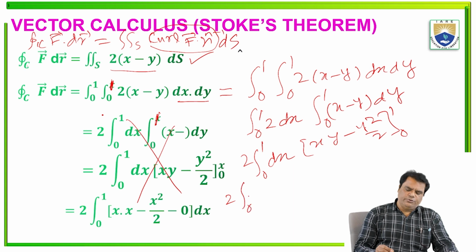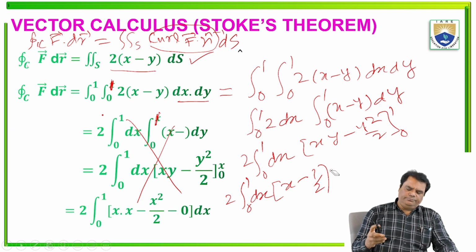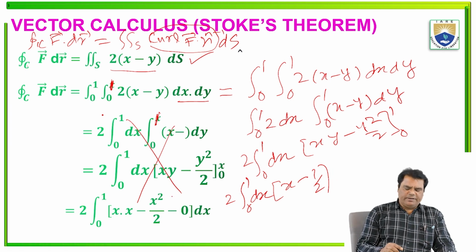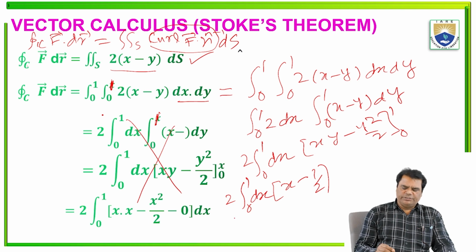So twice of 0 to 1 dx, integrating this, xy minus y square by 2, limit 0 to 1. Now putting y equal to 1, we get x minus 1 by 2 and dx.